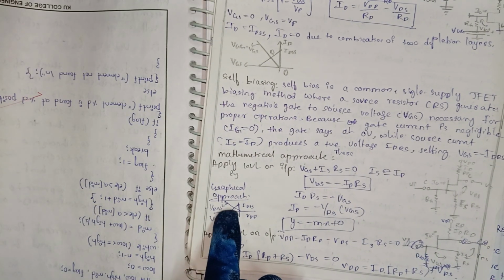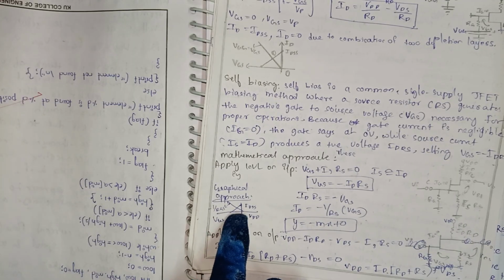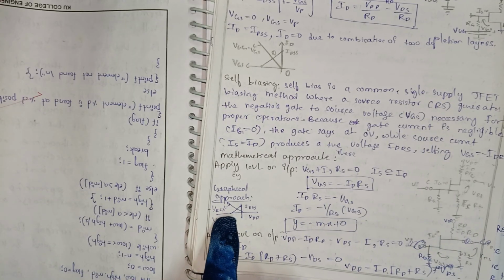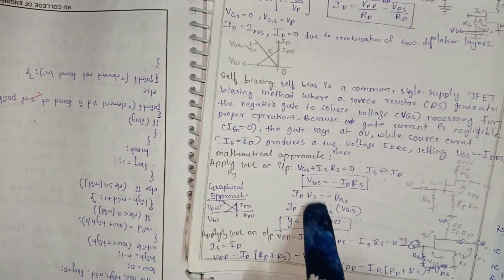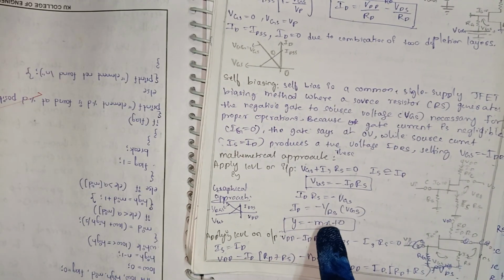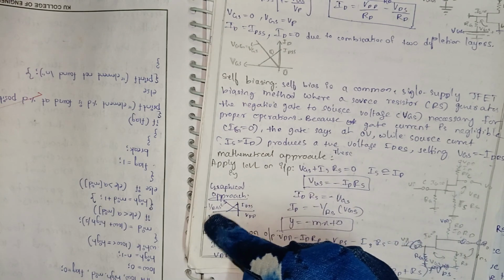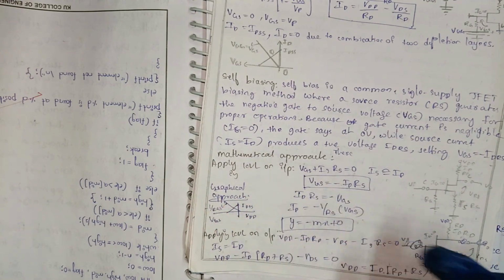Here the slope M we got is minus 1 by RS, and VGS is X. So the line is minus 1 by RS.